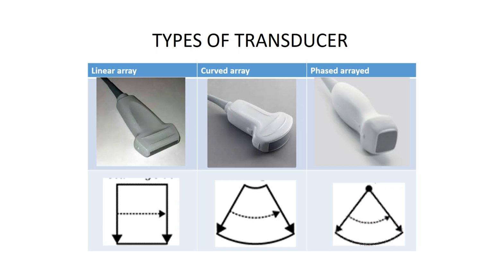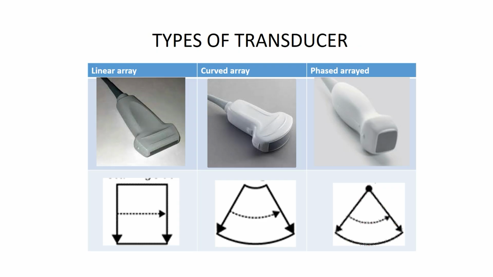Curved array or convex transducer: in this transducer, the piezoelectric crystals are placed in a curved manner. Another is the phased array, which contains only one piezoelectric crystal.